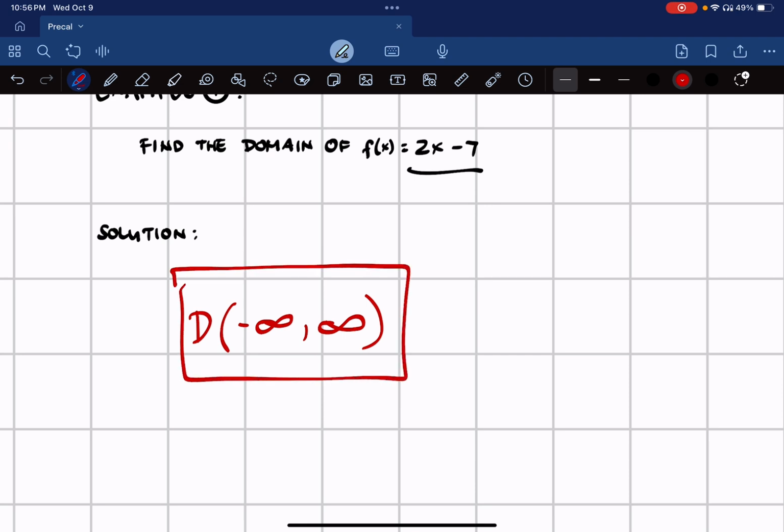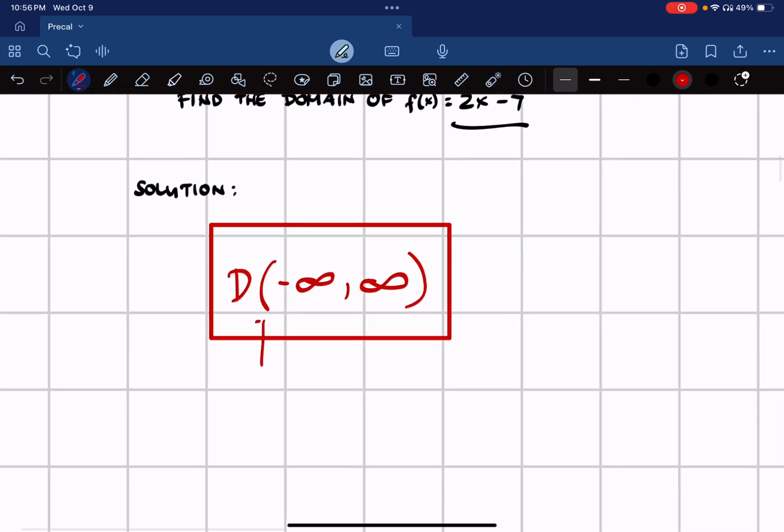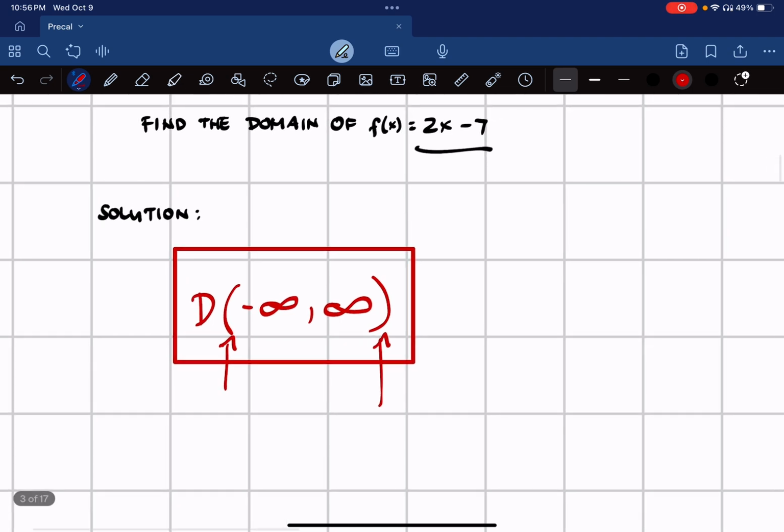So yeah, for this function, simple function, na f of x is equals to 2x minus 7, automatic ato domain is negative infinity to positive infinity. Now, for basic lang, basta ang ato boundary is infinity, parenthesis ang ato gamiton.